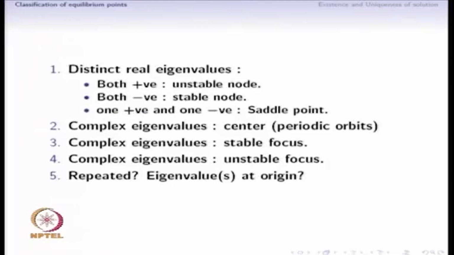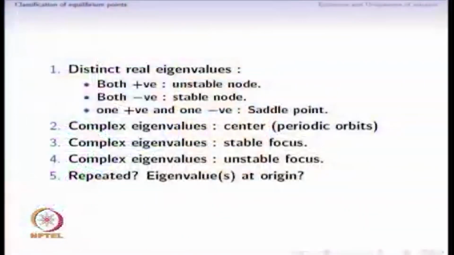Before we go to the other situation where there are repeated eigenvalues or one or more eigenvalues at the origin, we will just quickly recapitulate what was done. We have seen the situation when there are distinct real eigenvalues, when both are positive or both are negative, or when they have opposite signs. Then we saw the situation when the eigenvalues are complex, in which case if they are on the imaginary axis, we call it a center.